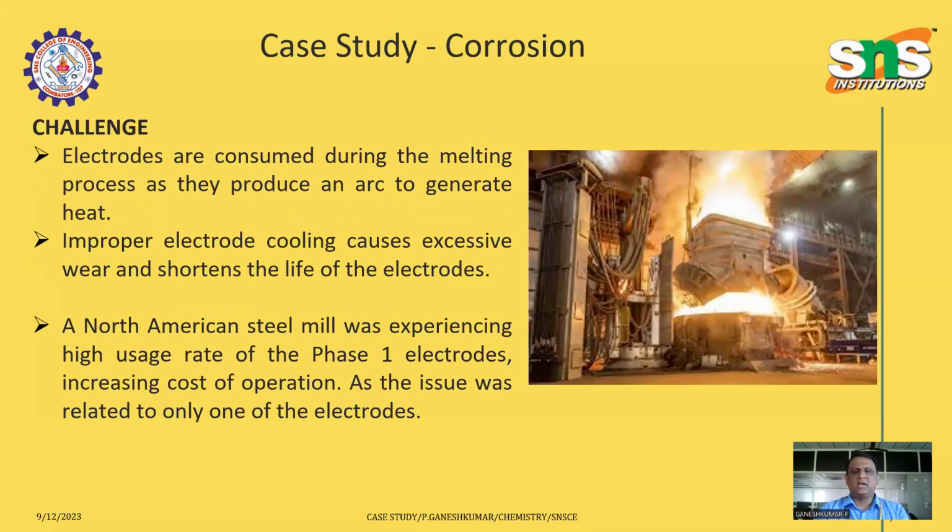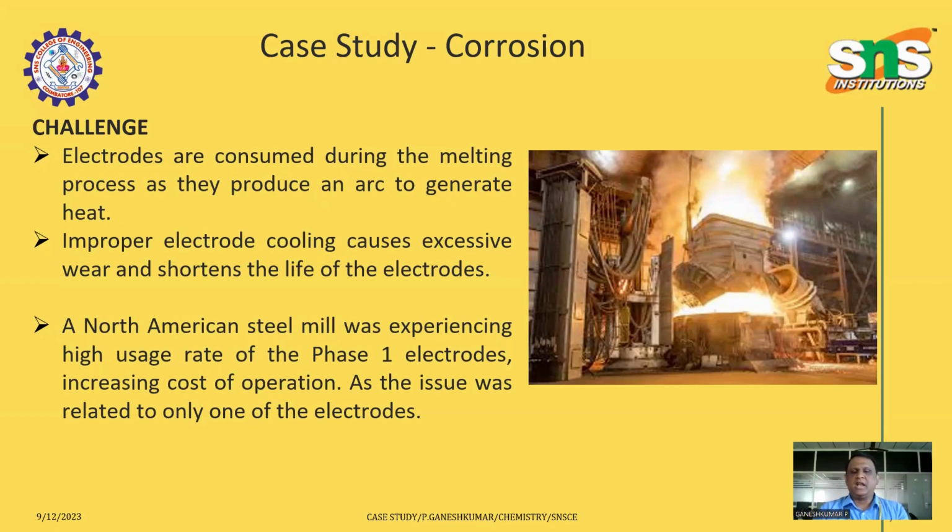But the electrodes are consumed during the melting process as they produce an arc to generate heat. We know that to melt the steel, we need more than 1000 degrees Celsius. And while melting, the heat generated during the process consumes the electrodes.